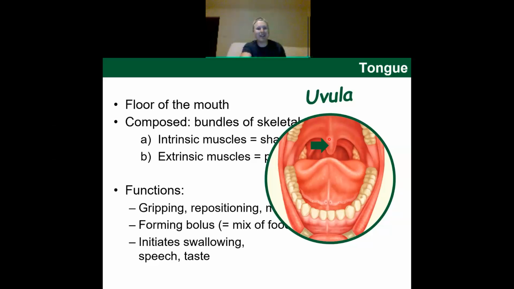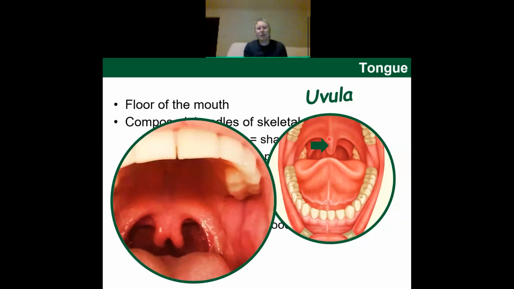Here's just something that you don't need to worry about. This is not in the exam, but I think it's an interesting thing. This is a different kind of uvula. We don't normally see these, but every now and then, if you look into the mouths of people enough, you'll end up seeing these. So this is a bifid uvula.